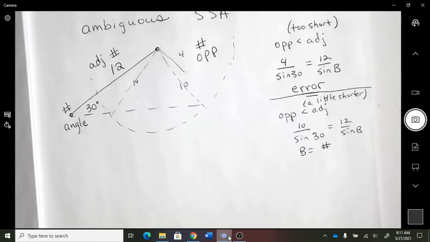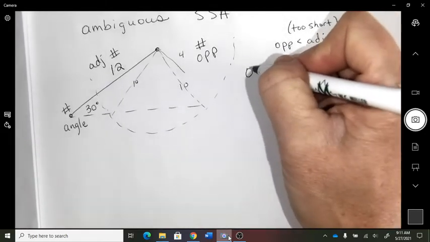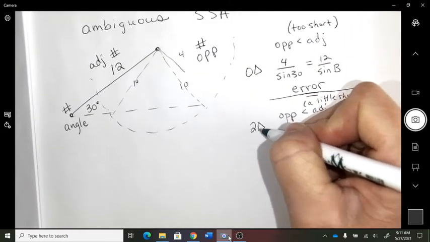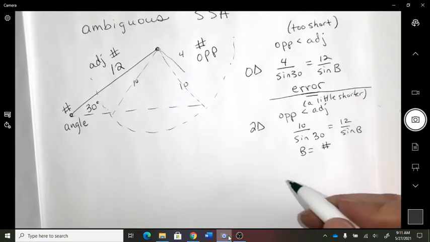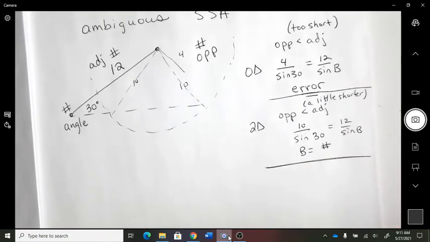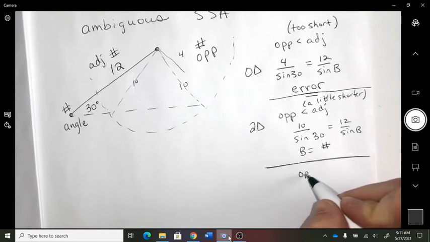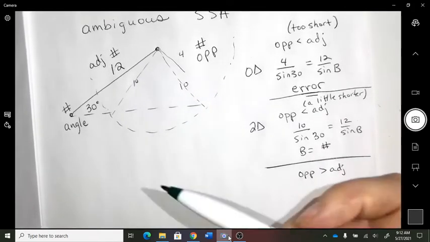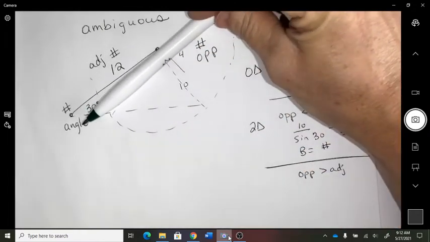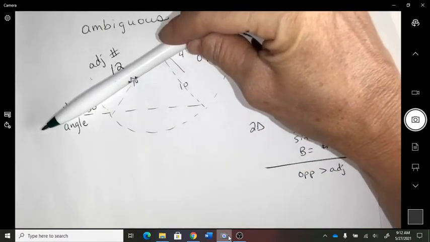Do you remember that? If it's shorter, you have to test. Is it too short, or is it going to make no triangles? Or is it just a little bit shorter and then it will make 2 triangles? Okay, if the opposite side is longer, so remember imagining something longer than 12, what's going to happen?